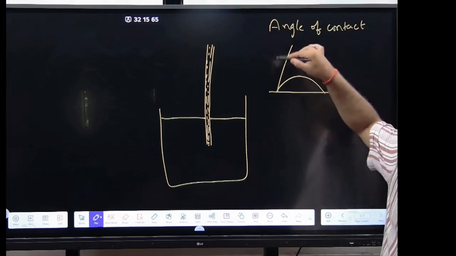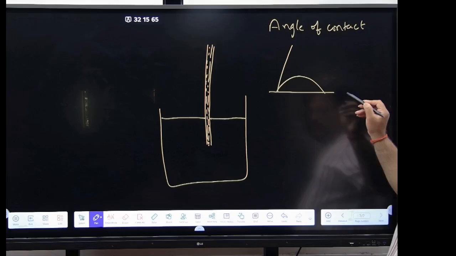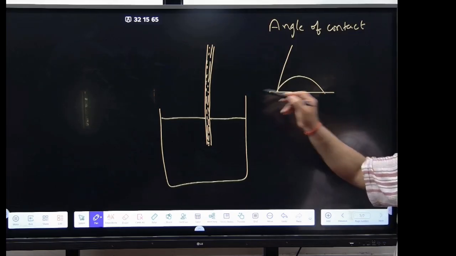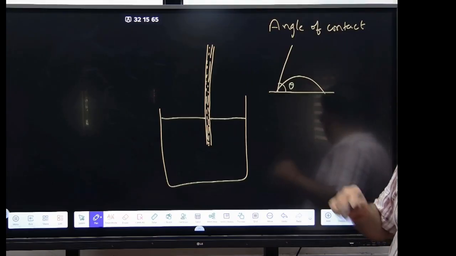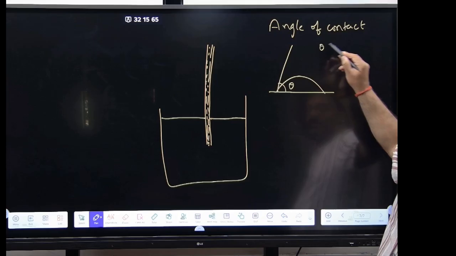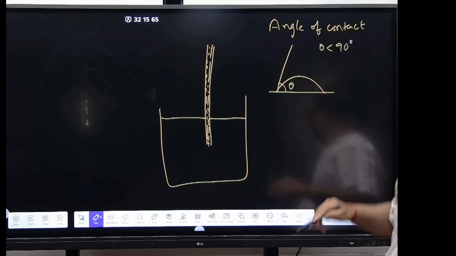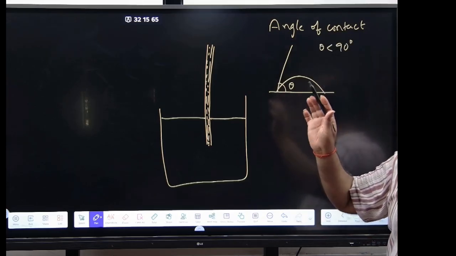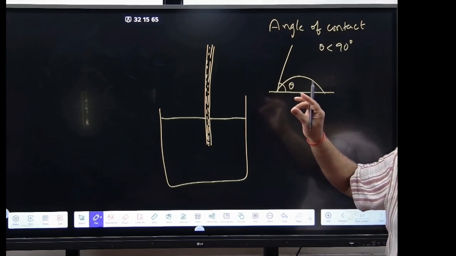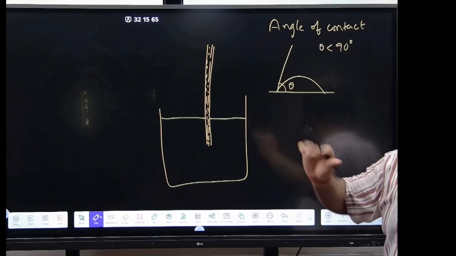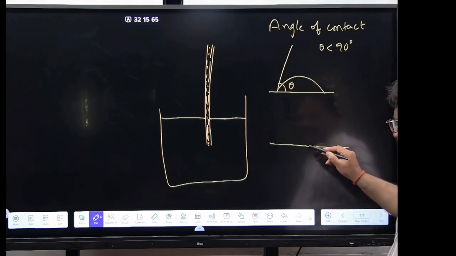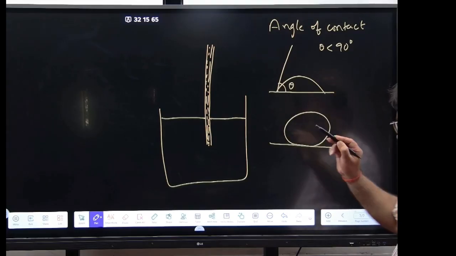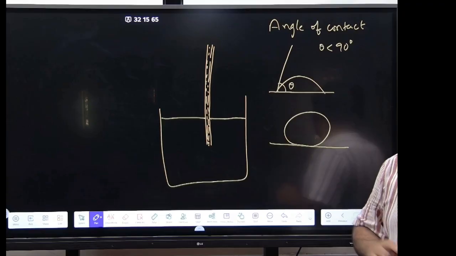That means this is the tangent with the solid itself. So this is called theta. Here this theta is less than 90 degree, so this liquid wets the surface of the solid. Now let us say I go for another type of liquid like this.